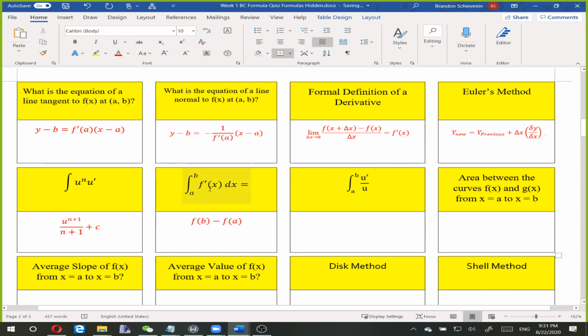So I've gone back from the derivative to the original function, and then plugged in your upper bound and subtracted your lower bound. If I wanted to do the same thing with u prime over u, what's going to happen, Kelly? Perfect.